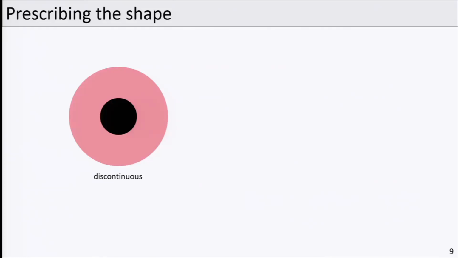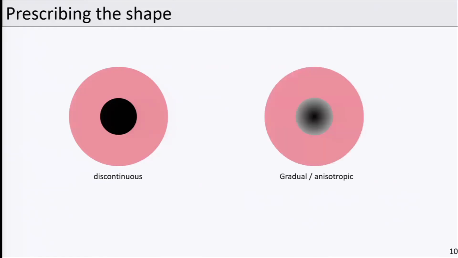Then if you want to prescribe the shape, as I mentioned, what you have to do is to prescribe a new metric. So prescribe a growth, a gradual growth, that would be a way, or an anisotropic growth. And we tried both strategies. The way we did that is to play with the thickness, the local thickness of the membrane, because you might remember that the actuation depends on the voltage divided by the thickness squared.